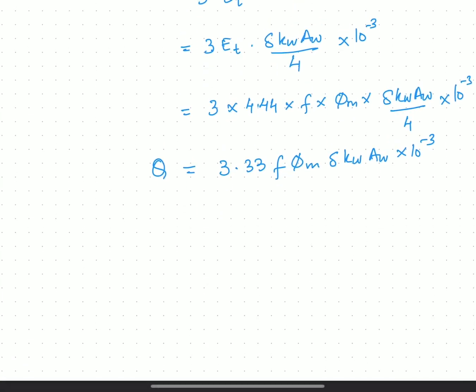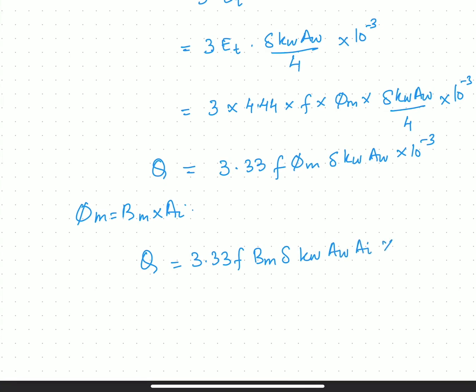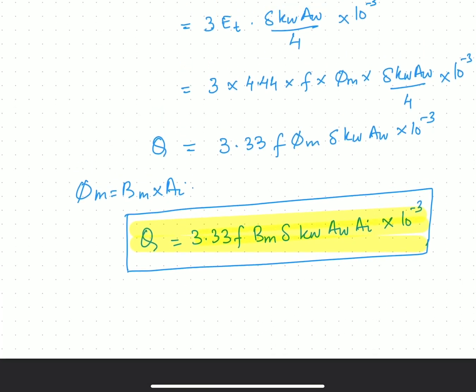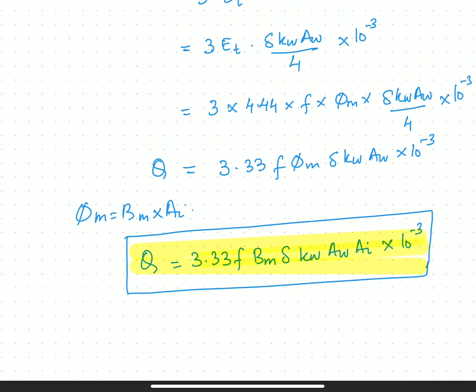And if you substitute phi m equal to Bm into Ai, the final equation is Q is equal to 3.33 F Bm delta kW AW Ai into 10 to the power minus 3. This is the output equation for a three-phase core-type transformer, where the symbols have their usual meanings.